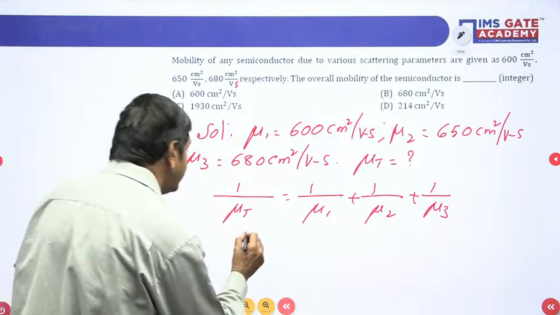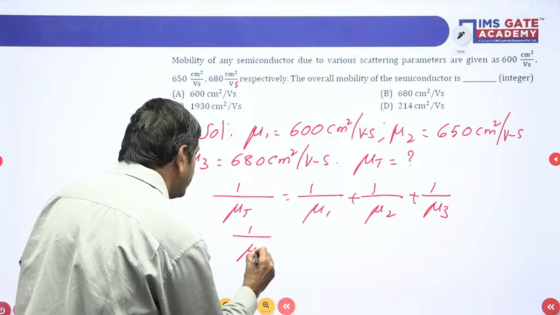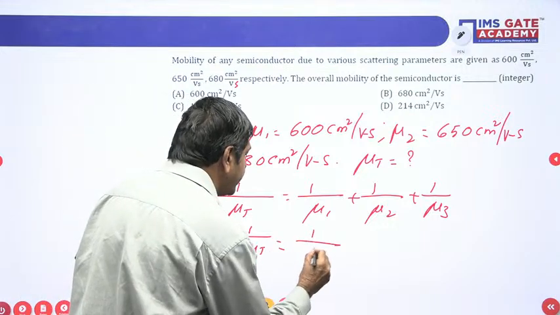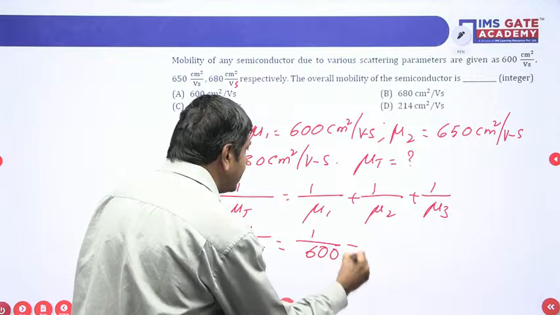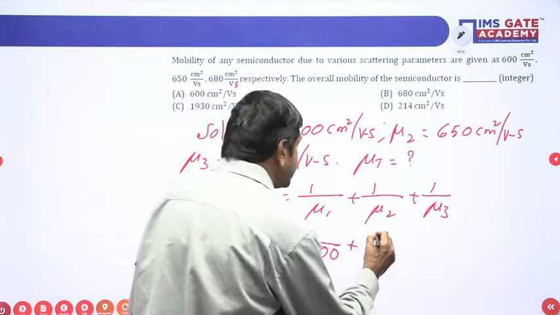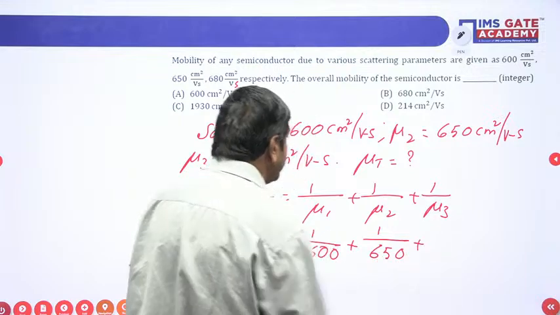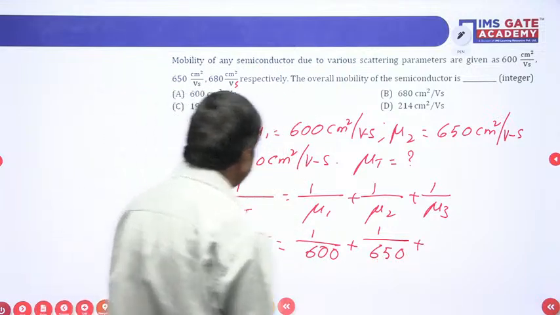You can substitute these values and find the mu-t value. I want to find mu-t. 1 by mu-t equals 1 by 600, plus 1 by 650, plus 1 by 680.